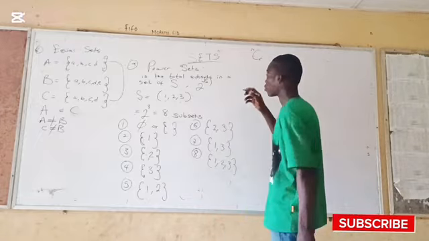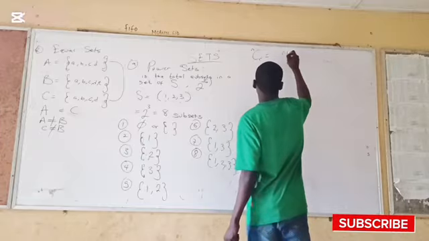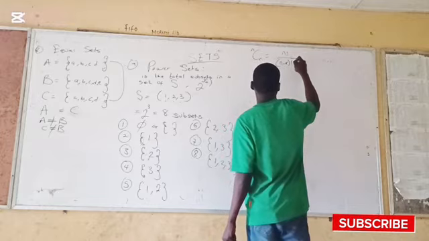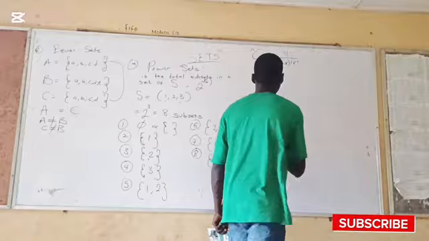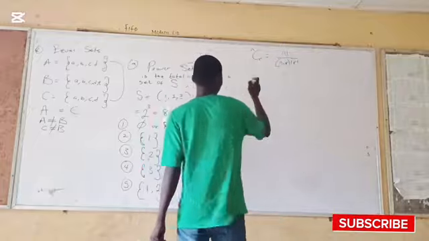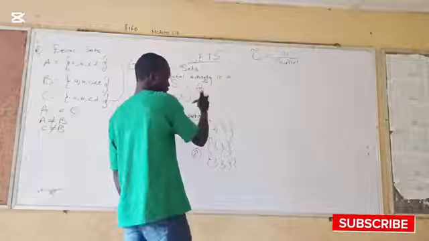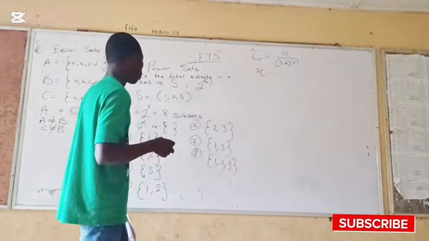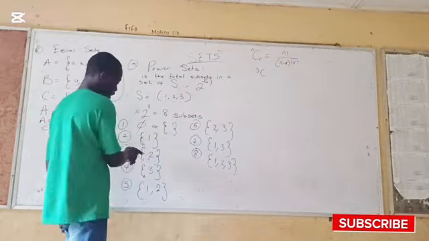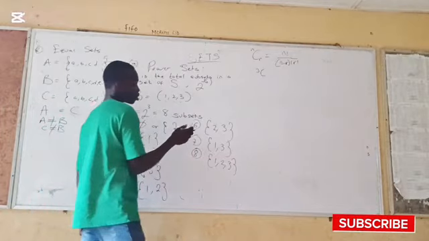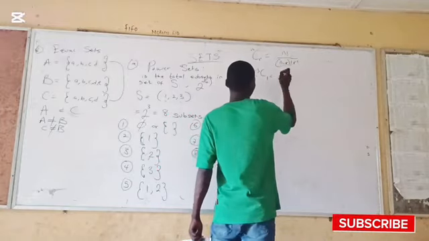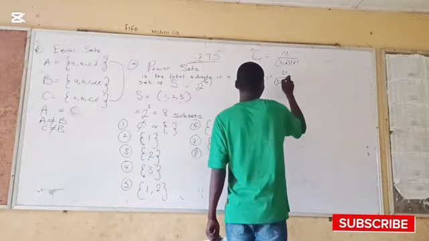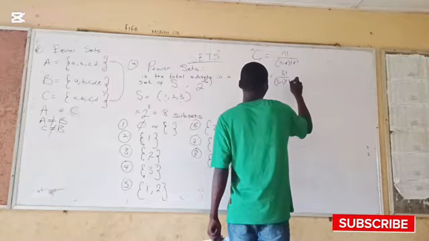You can use your combination formula, which is given by n factorial over (n minus r) factorial multiplied by r factorial. Now, for instance, don't forget the total elements here is 3. You are going to write 3 at the top. Your r will be the number we are looking for. If you want to write out the subsets with 1 element, you are just going to write 1 here, and you solve it by saying 3 factorial over (3 minus 1) factorial times 1 factorial.